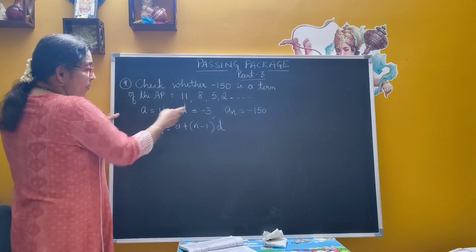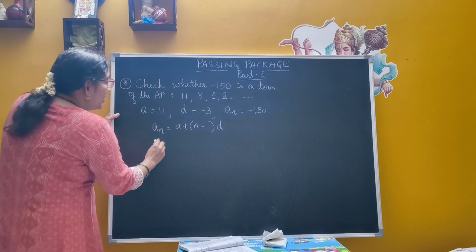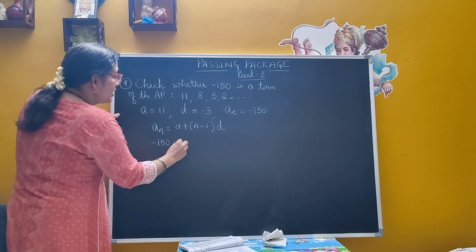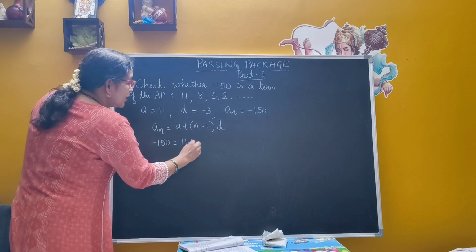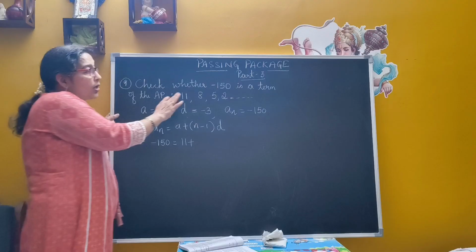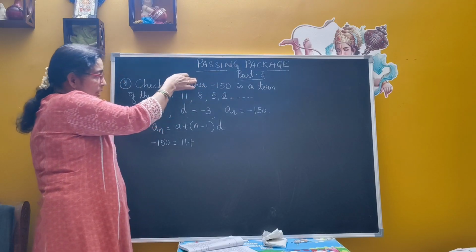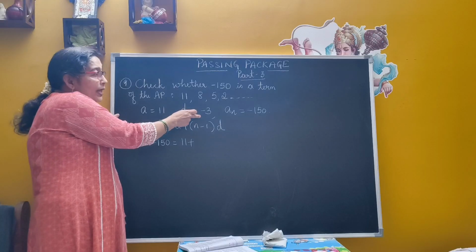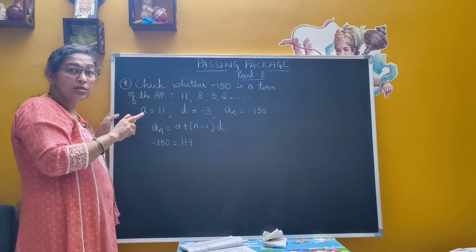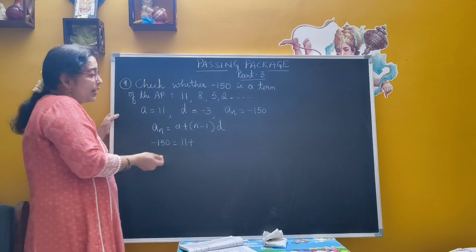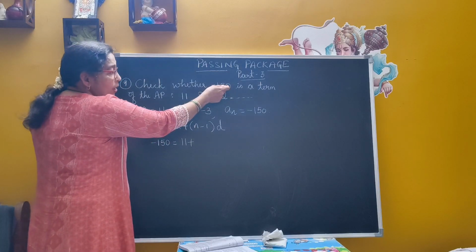So here let us substitute. An is equal to minus 150. Here A is 11 plus n minus 1. We don't know the value of n, how many terms are in this AP, that is unknown here. We need to find n. If n is a natural number, or whole number, then it is a term of this AP.